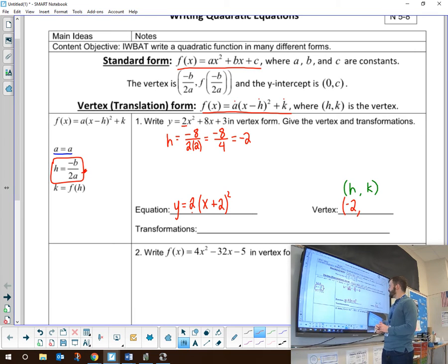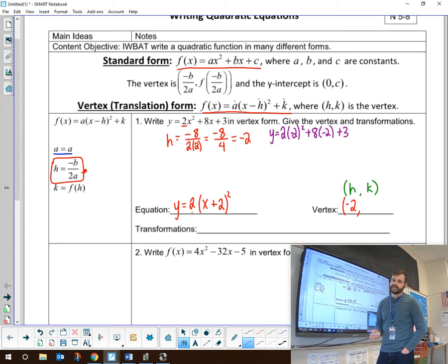Next, I need to find my k. To find my k, we take my h, which is negative 2, and plug it back in. So y equals 2 times negative 2 squared plus 8 times negative 2 plus 3.